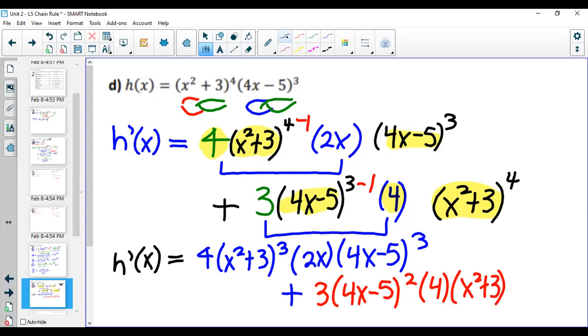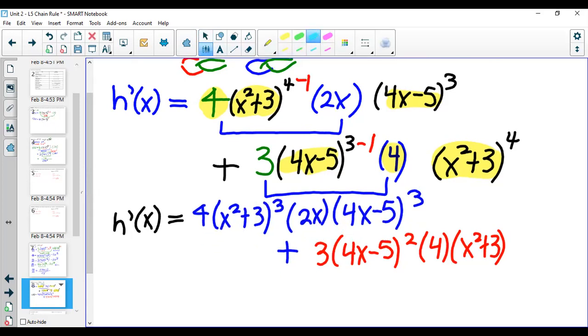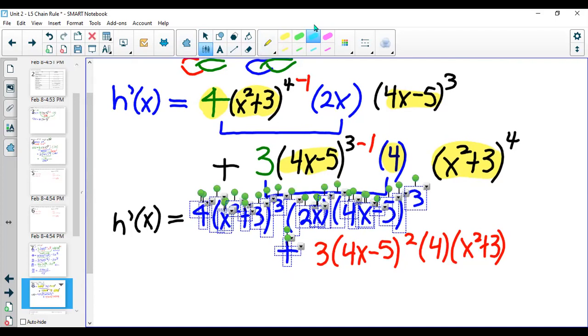Next step is I'm going to take the greatest common factors out. Now the common factor is going to have the lowest power. So I'm going to use that highlighter tool again in a different color.